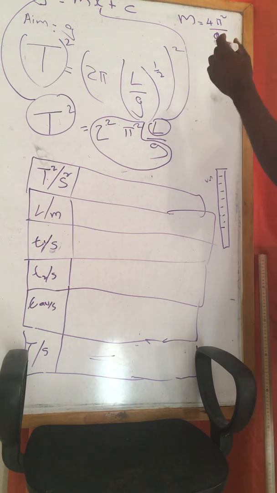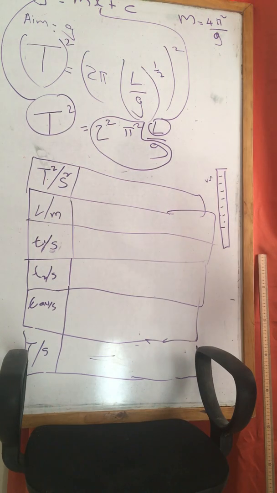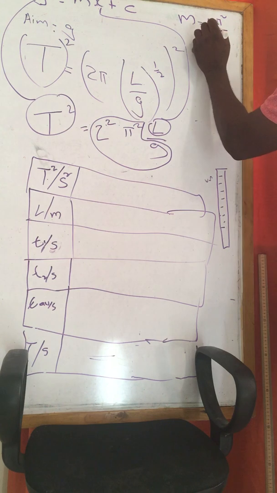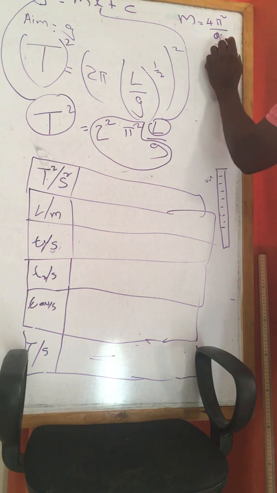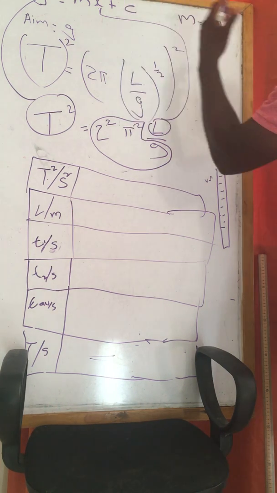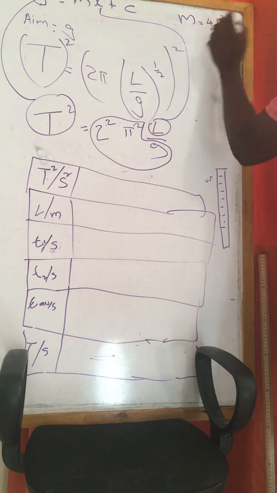So we're just going to do what now? Transpose. Remember, transpose, which would be the first unit on the website. You must be able to transpose. So let us transpose now and make G the subject of the formula. Simply meaning I need G alone to be on the left side of the equal sign.